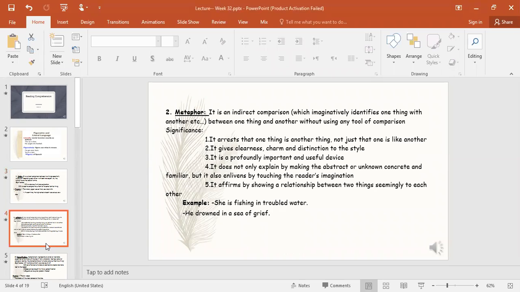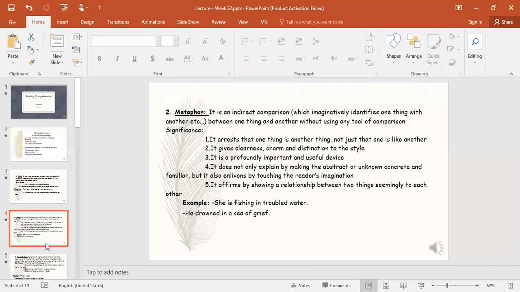Okay, now we move to the second kind, which is the metaphor. When we said that the simile is a direct comparison, the metaphor is an indirect comparison.